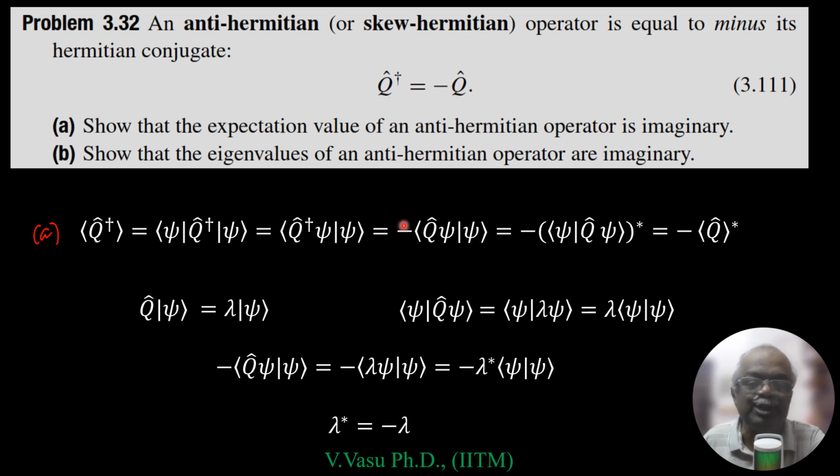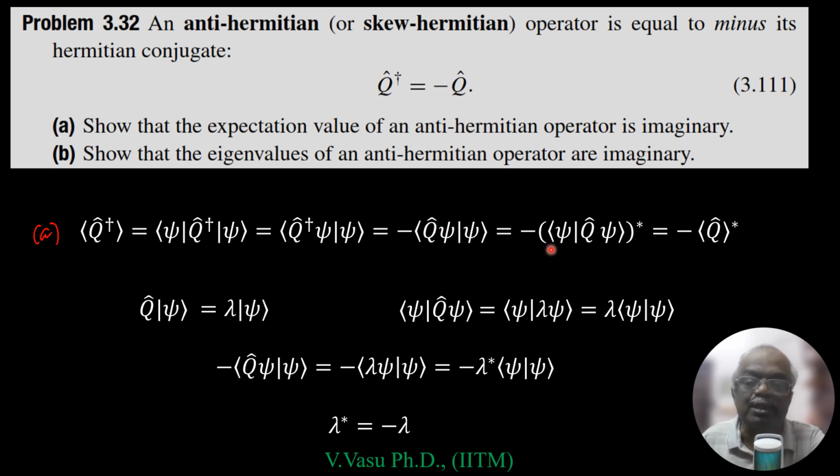It is minus Q. So I have taken that multiplication factor minus 1 outside. So this will be minus psi Q psi, which can be written as minus psi Q, bringing it to the ket vector, and taking the entire thing's complex conjugate.